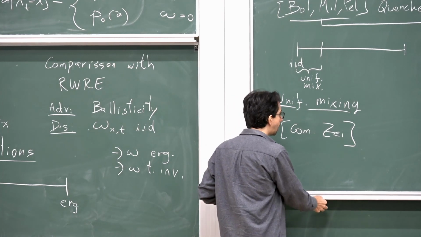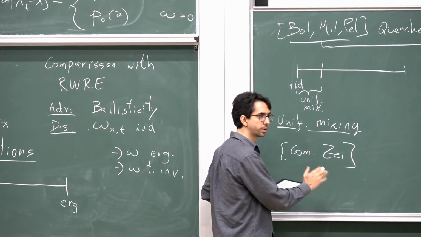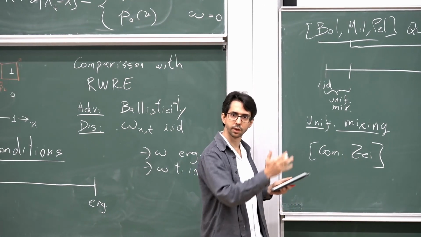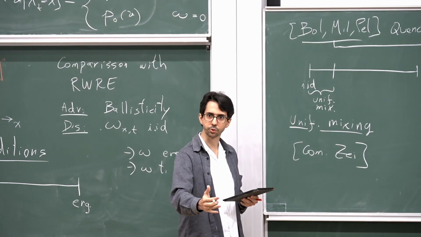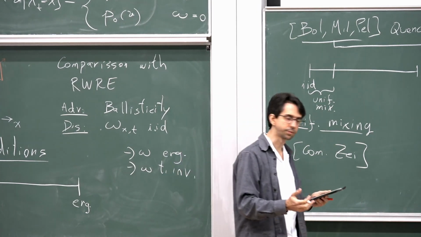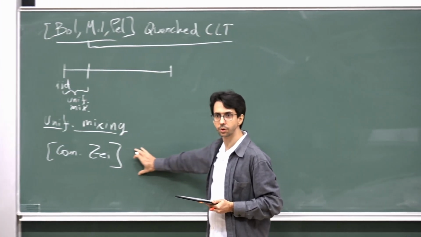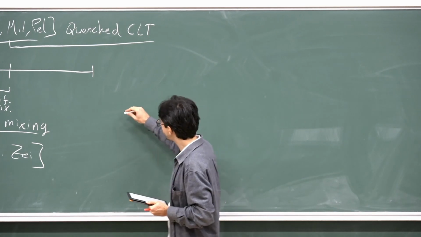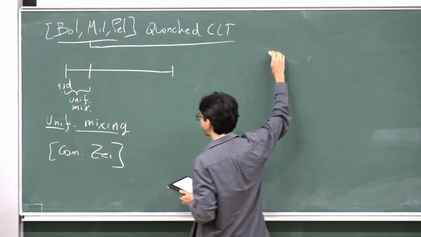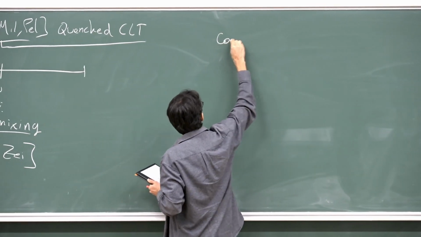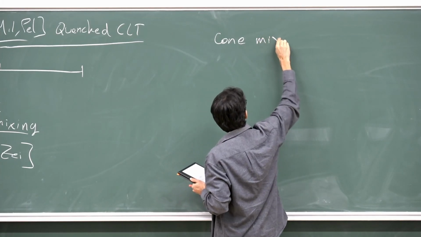So I will try to focus as much as I can on general statements, like here is a hypothesis, here is a theorem about the random walk, instead of specific examples. And this is one such result. So what's the mixing condition they've introduced? Before I state the result, it's called cone mixing.